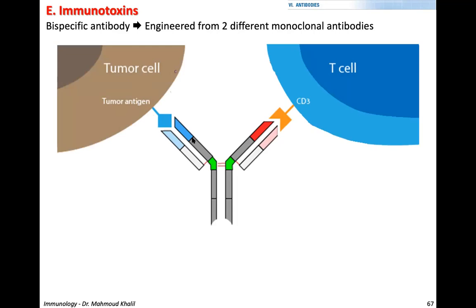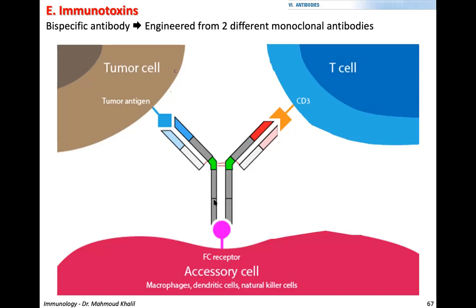So for the first time, it will provide the strategy of recruiting the tumor cell to be very near the T cells, making advantage of this close relationship in the process of destruction or the activation of the immune system toward the tumor cells. And usually this bispecific antibody is engineered so that the Fc region will bind to the Fc receptor on an accessory cell that helps this system, which might be a macrophage, dendritic cells, or even NK cells.